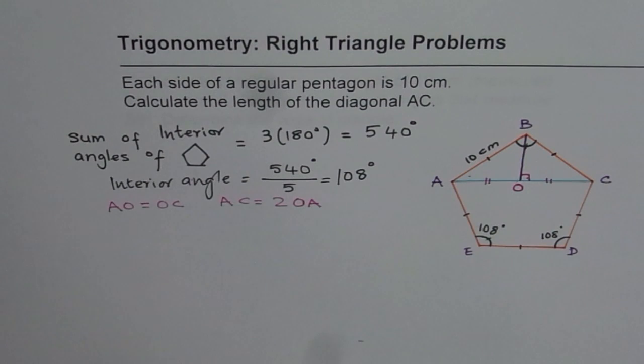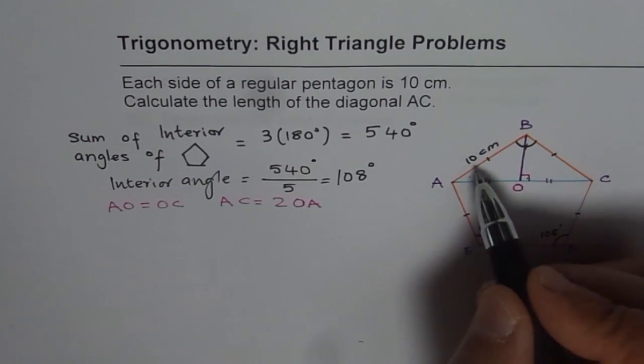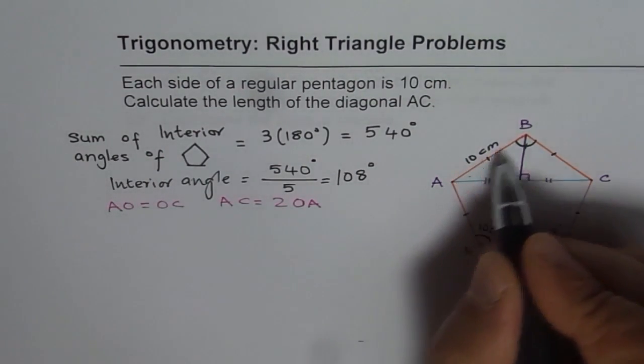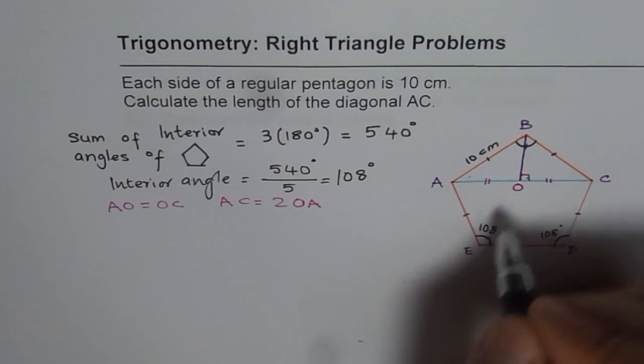Now, how can you use the primary trigonometric ratios to find AO? We know this is the hypotenuse, which is 10 centimeters for a right triangle.